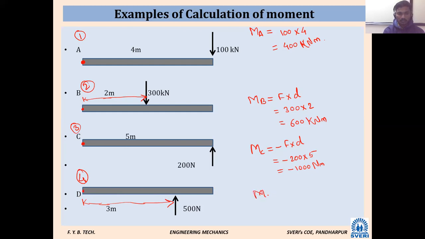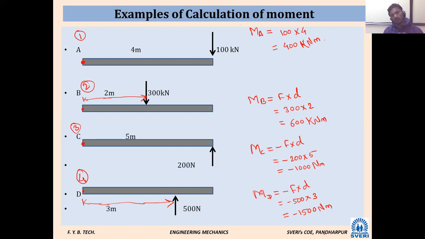Again I will write MD equal to F into D. Is the rotation clockwise or anti-clockwise? Anti-clockwise, so negative: 500 into perpendicular distance 3 equal to minus 1500 Newton meter.